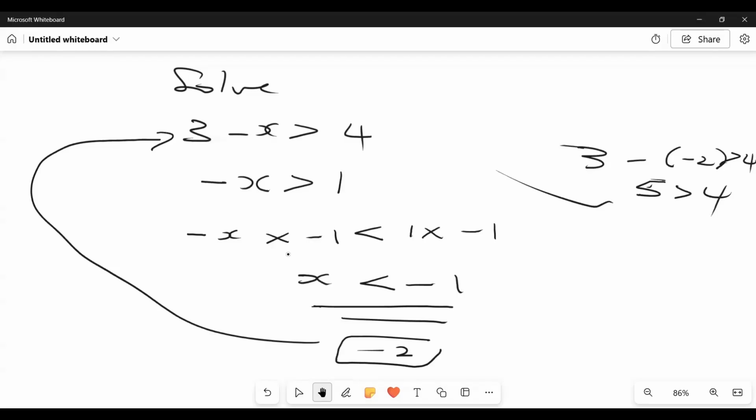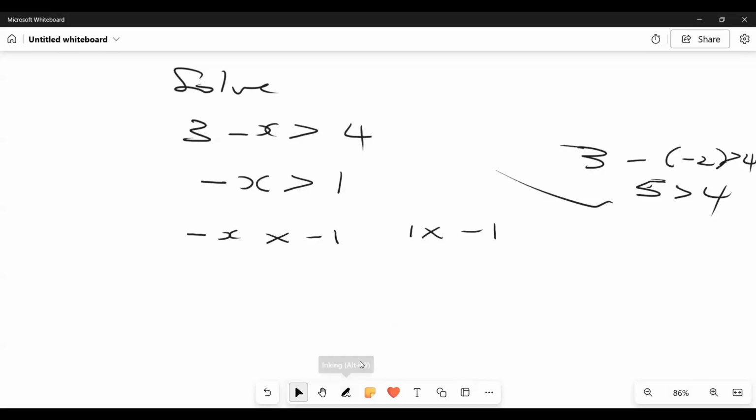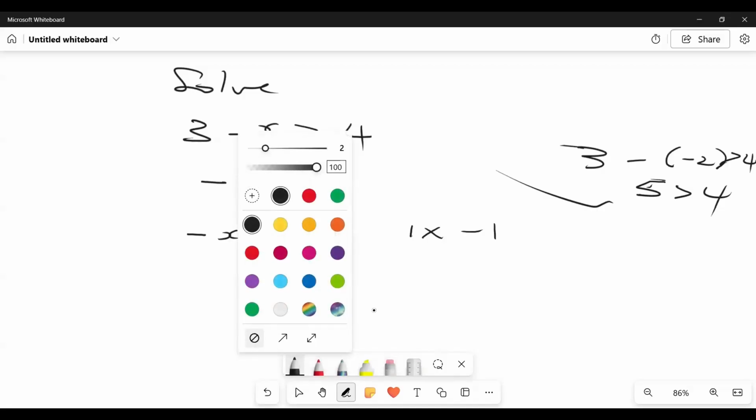But let us just suppose we didn't, let me erase all of this. Let us suppose we didn't do that. And down here, we didn't reverse the inequality sign, right? Let's go back here. Let's say we didn't do it.